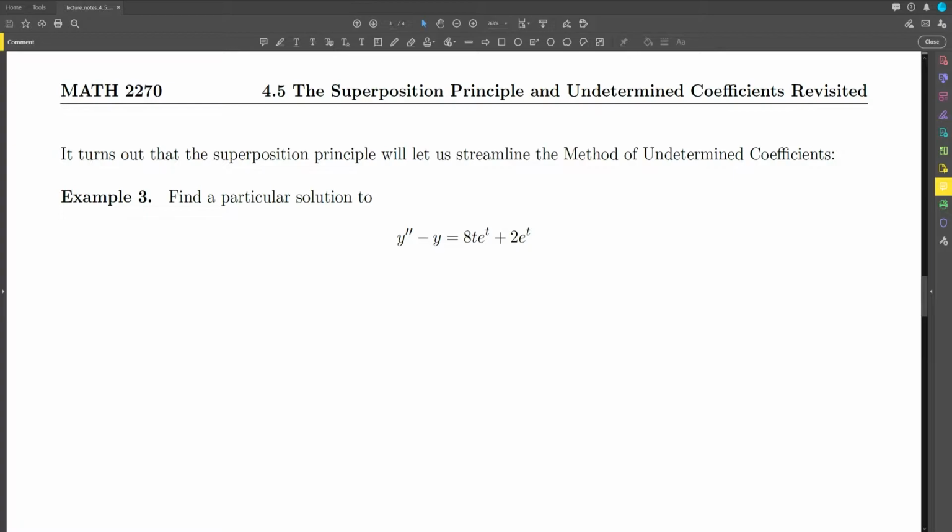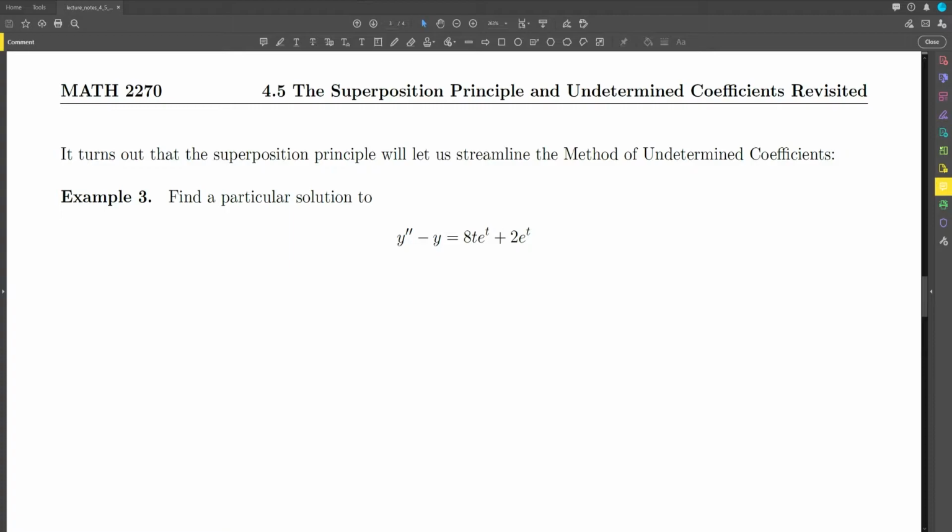Now, in order to find a particular solution, the method of undetermined coefficients lets us solve y double prime minus y equals 8t e to the power t, and it lets us solve y double prime minus y equals 2e to the power t.